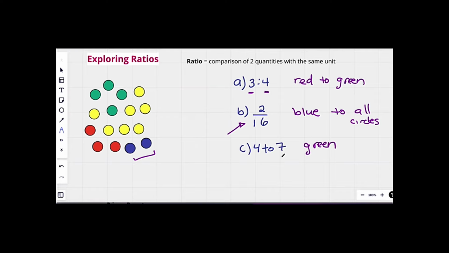And what do we have 7 of? Okay, we've got our yellow circles. So what we're comparing here is green to yellow. This is a part to part. This is a part to part ratio. And this one is a part to whole ratio.